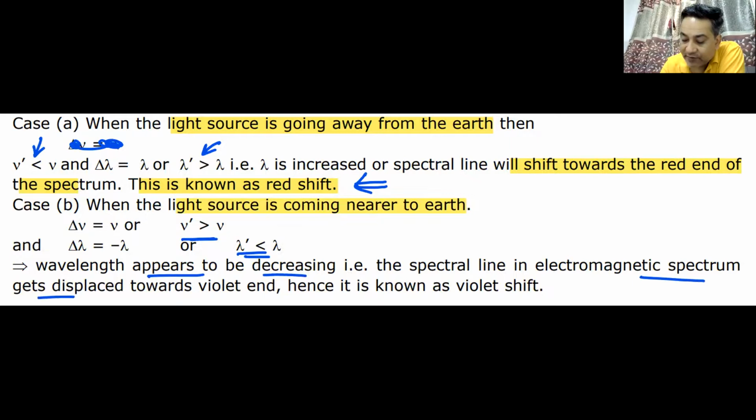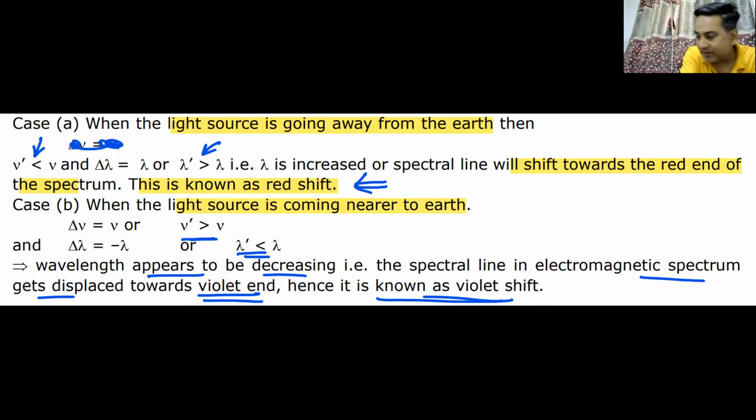The spectral line will be displaced towards violet and we call it the violet shift. These are the two things that you must remember about the Doppler effect of light. Redshift and violet shift. Redshift means frequency is less, wavelength is more, the star is moving away. Violet shift means frequency is more, wavelength is less, it is shifting towards violet.